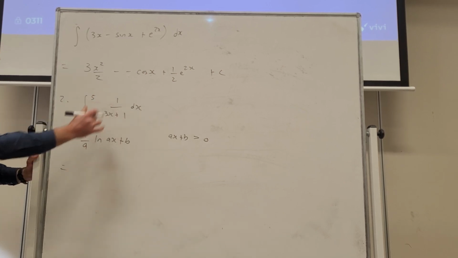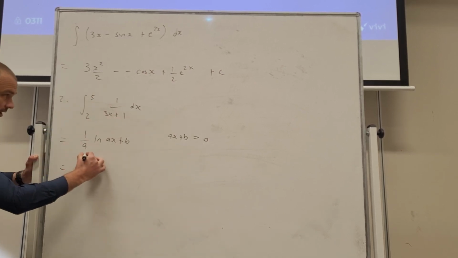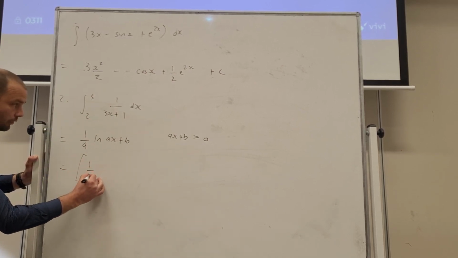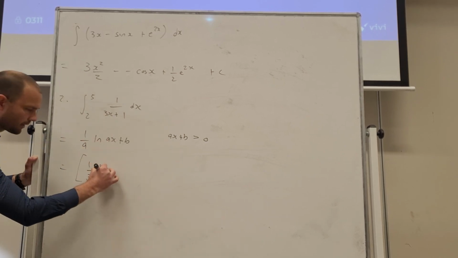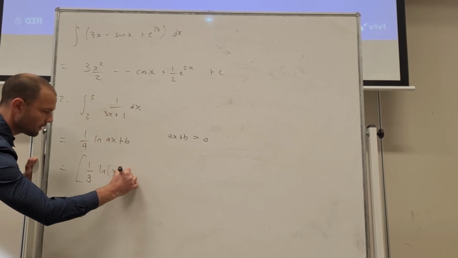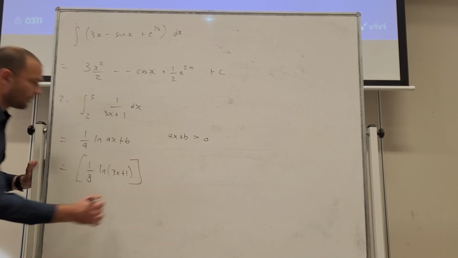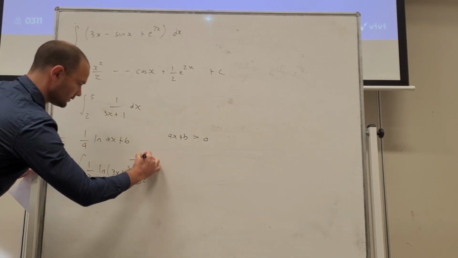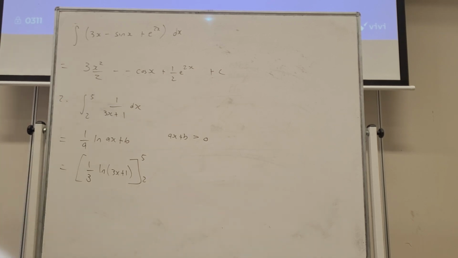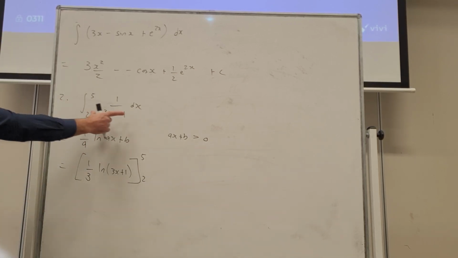So in this circumstance, when we integrate this, it's going to become 1 on 3, okay, where a is always the coefficient of x. 1 on 3 ln of 3x plus 1, and we're integrating from 2 to 5. Okay, so as far as steps for the fundamental theorem of calculus goes, here's our question.